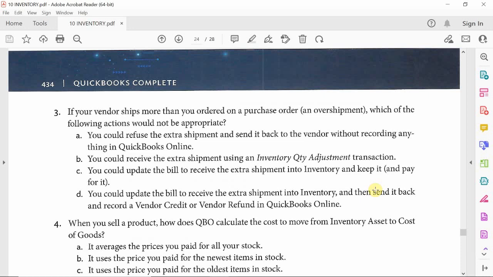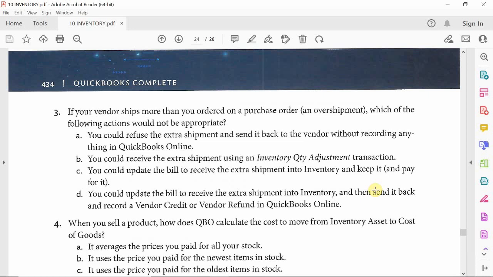Now, letter D, I think, would also be inappropriate because you definitely don't want to adjust your bill to receive the extra shipment and then tell your vendor to give you a credit. Why? You are supposed to be paying your vendor, not requesting a refund for an extra shipment.